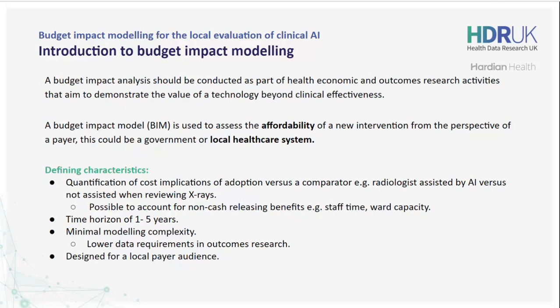Because of this relatively shorter time horizon, the model complexity is slightly lower versus other types of health economic analysis, and the data requirements in terms of outcomes research tend to be slightly less demanding.